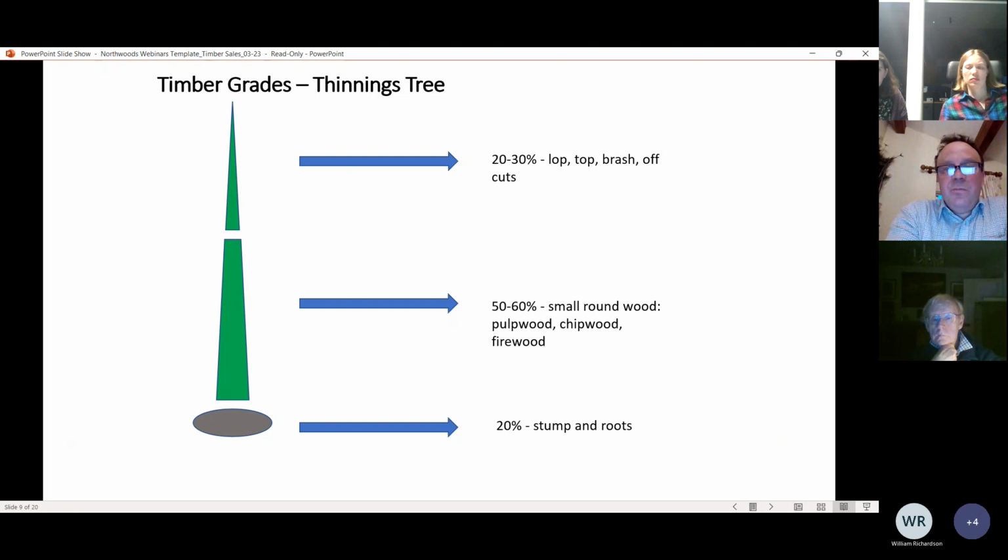But at the moment in thinnings, small roundwood in the top of the tree, 20–30%. The sort of lower 2/3 of the tree will give you 2/3 of the value, and that's coming from saw logs, firewood, chipwood, small roundwood or energy wood.